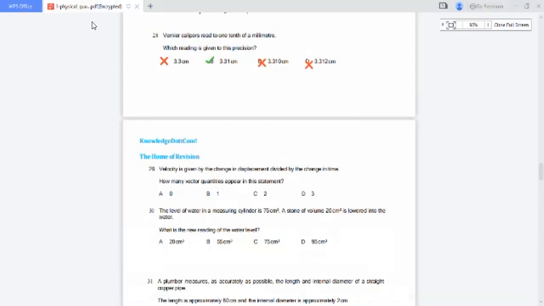How many vector quantities appear in the statement? Velocity is a vector quantity, displacement is also a vector quantity, and time is not a vector quantity. So there are only two vector quantities.